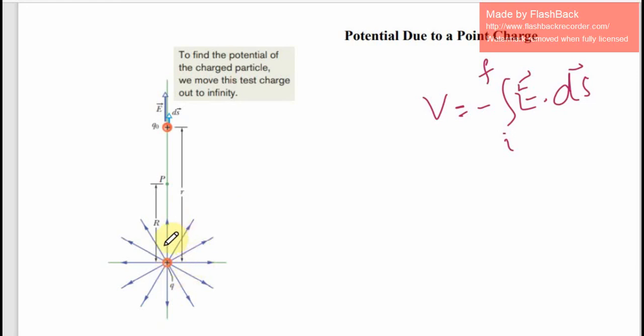What we have to do is calculate the electric potential due to this point charge. Let the point P be at a distance R from this charge.